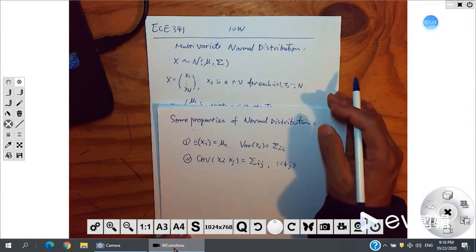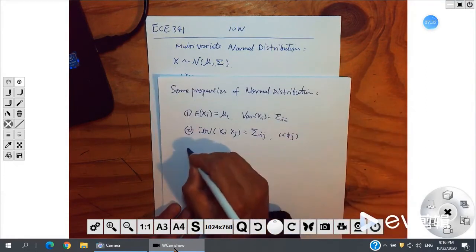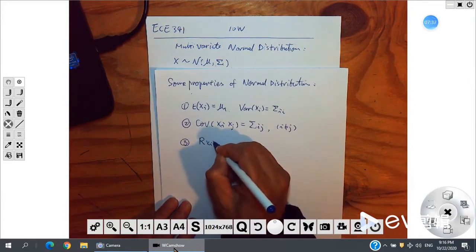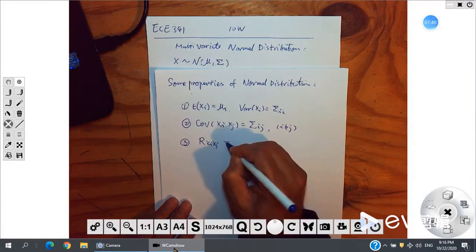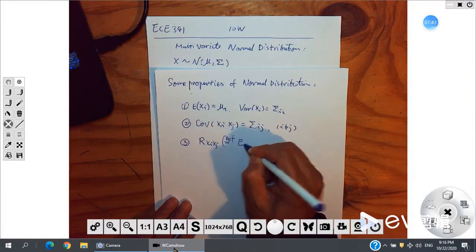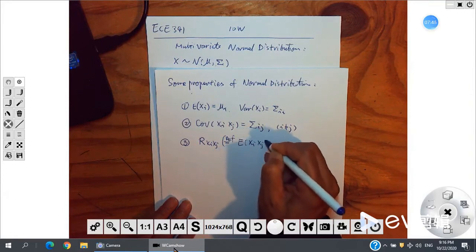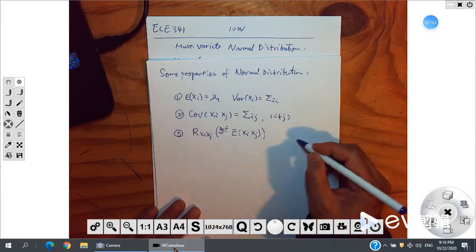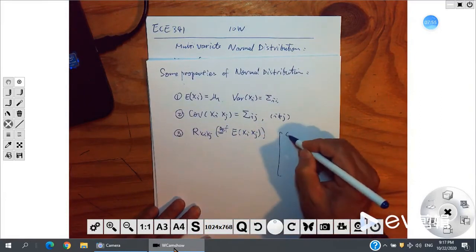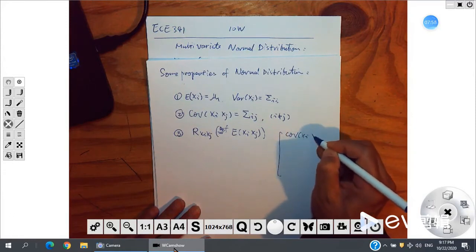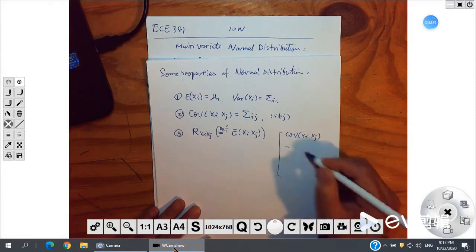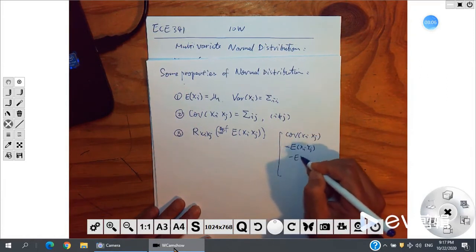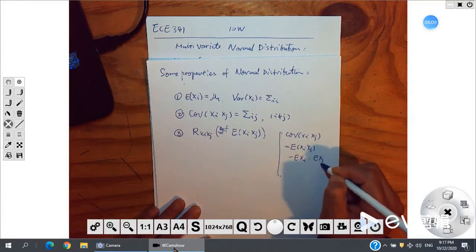And of course, we do not have the third one, the R(Xi, Xj). Which one? By definition, it is the expectation value of Xi times Xj, right? This one equals what? We have a formula like this. We know the covariance of Xi, Xj is equal to E[XiXj] minus E[Xi] times E[Xj]. Right?